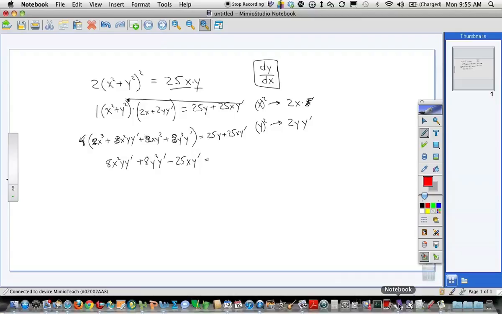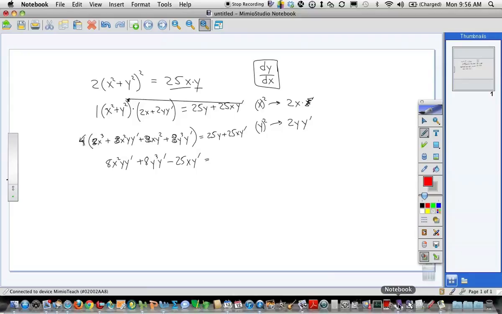And probably simplified this work. Does that make sense? Wouldn't that have made it a little easier? Because I'd have had 1 plus 4 is 5, 5 times 4 is 20. Here I had a 2 plus a 4y prime. I mean, I could have made number 21 a little easier the way they asked it. But on the gateway test, the question is going to be find y prime. So that's why I'm going through all this.